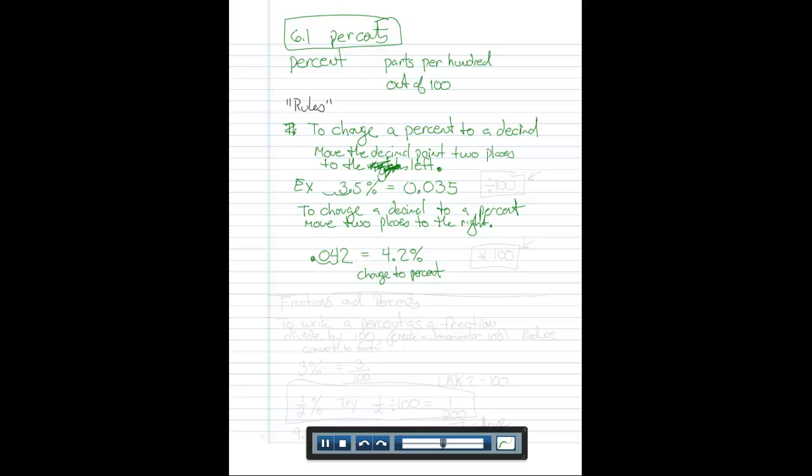Another way to think through these same 2 things: to change a percent to a decimal, you could think about it as dividing by 100, and changing a decimal to a percent, you could think about as multiplying it by 100.